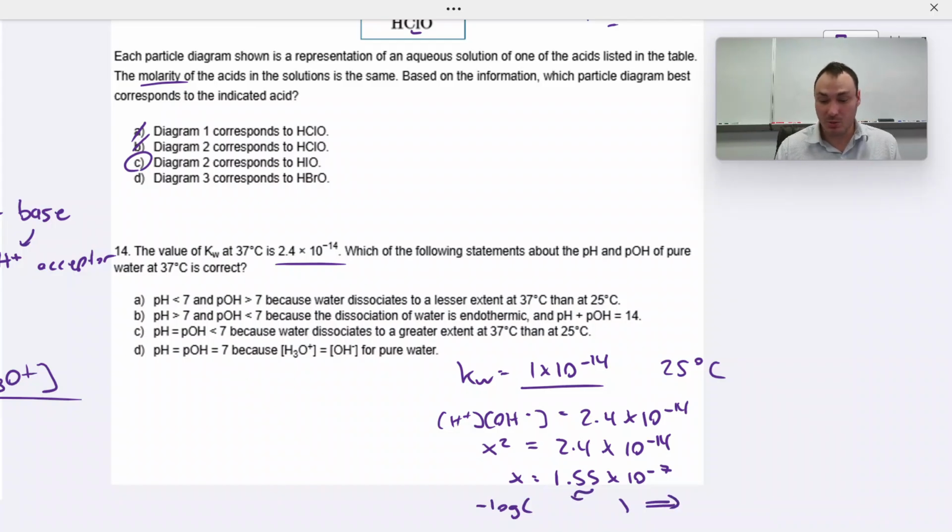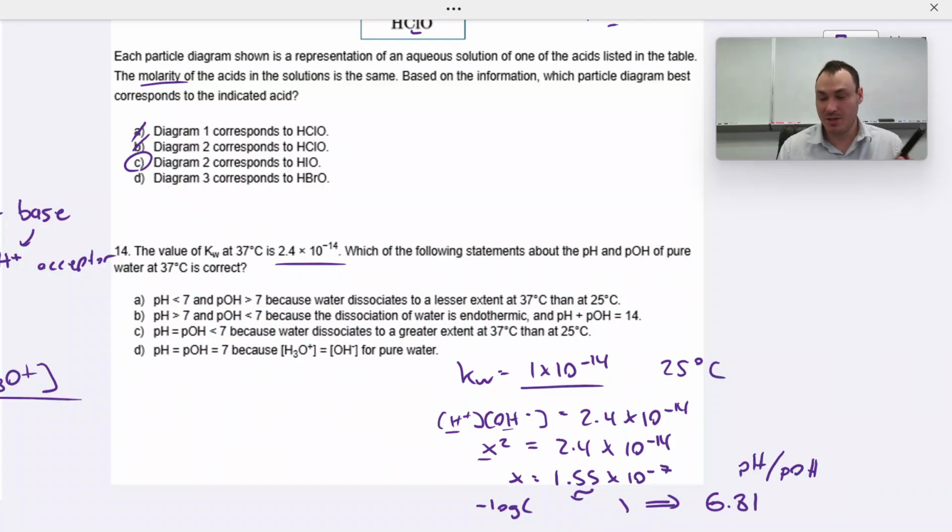They're still going to be equal because x was both H plus and OH minus. So negative log of that number, and we get a pH of 6.81. So the pH and the pOH, they're both the same number since this is a perfectly neutral solution.